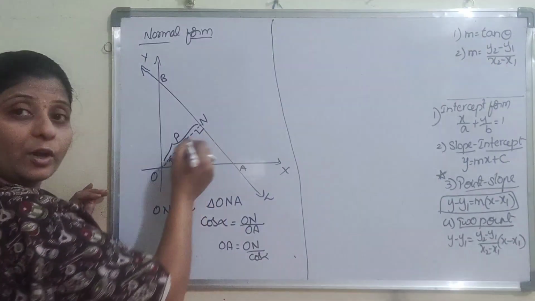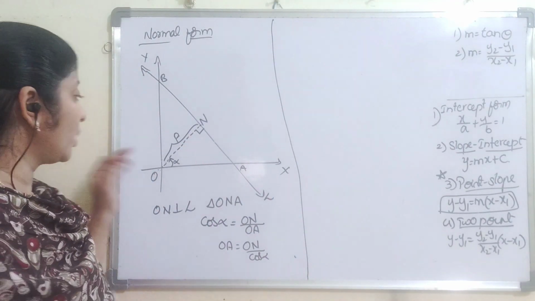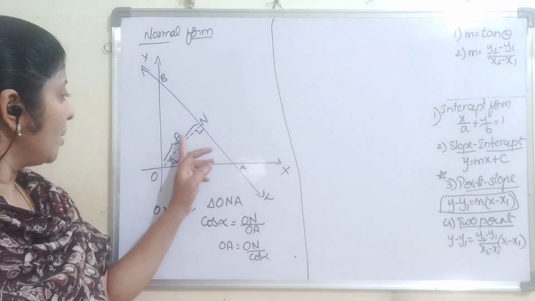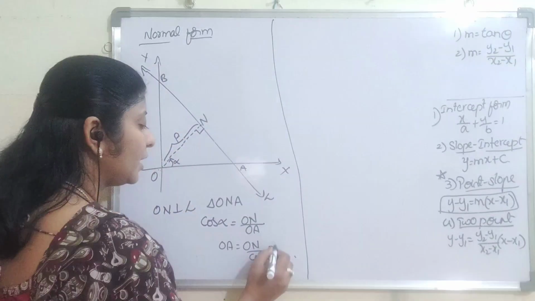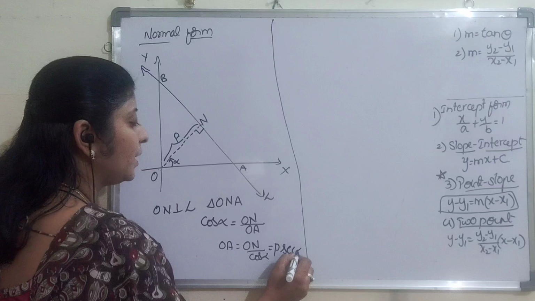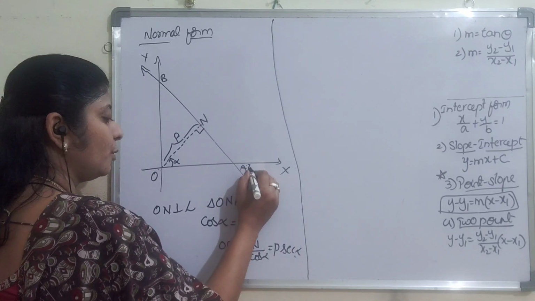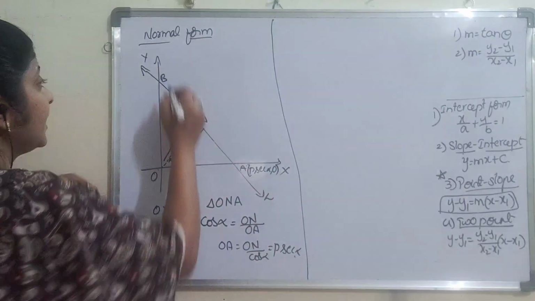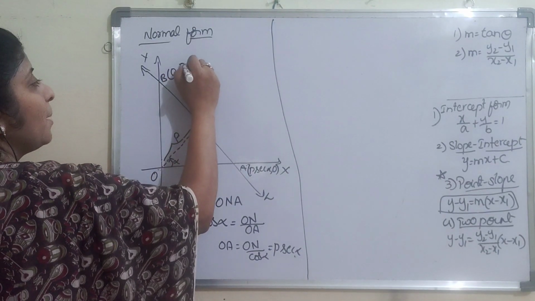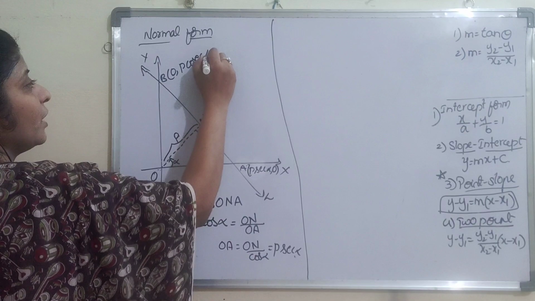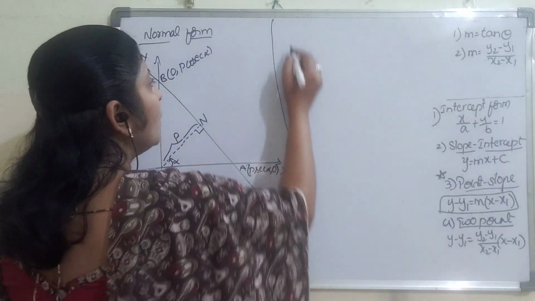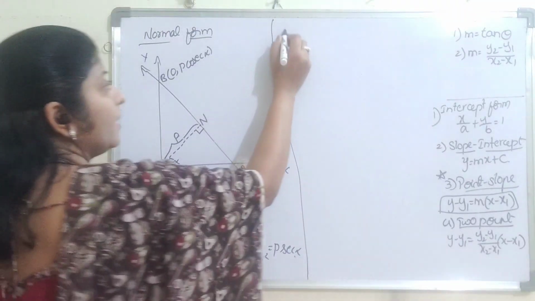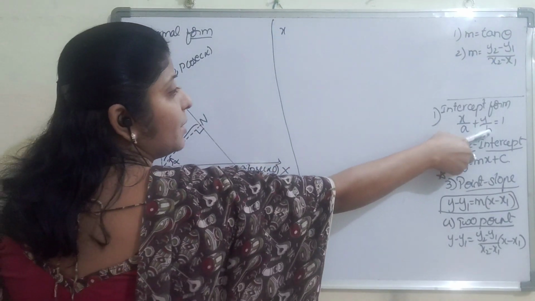We know ON, we have considered the distance from the origin to the given straight line. P we are considering. This can be written as P secant alpha. So point A will be P secant alpha, comma 0. Similarly, we can get B as 0, P cosecant alpha. Now the intercept form is x by a plus y by b equal to 1.